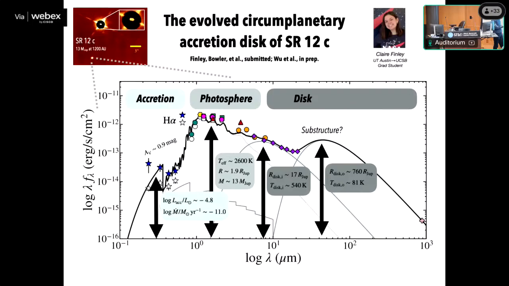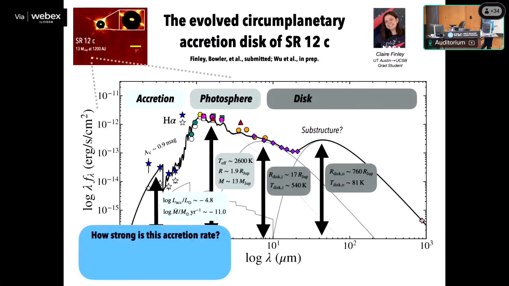And then most importantly perhaps is the accretion rate. Fitting hot hydrogen slab models gives an accretion luminosity of something like -5. And then turning this into a mass accretion rate, we get something like 10 to the -11 solar masses per year. And just to put this into context, is it strong or not?